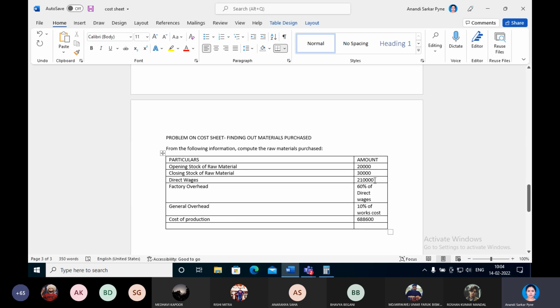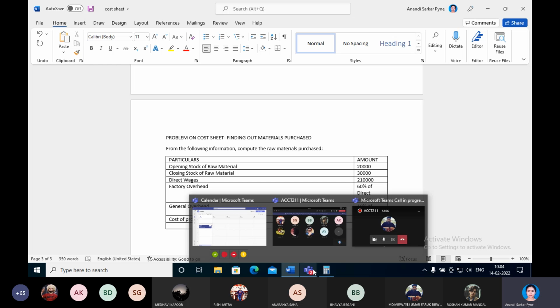Then whatever we get will be raw material consumed. From raw material consumed, we deduct closing stock. Now in order to get to raw material purchased, we need to add closing stock. Then what we get is the raw material purchase figure. Oh no, we also have the opening stock of raw material. So now we deduct opening stock of raw material, then we get the raw material purchased figure.